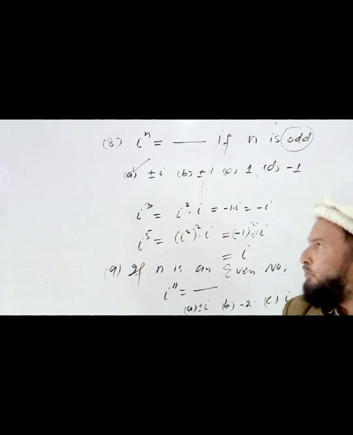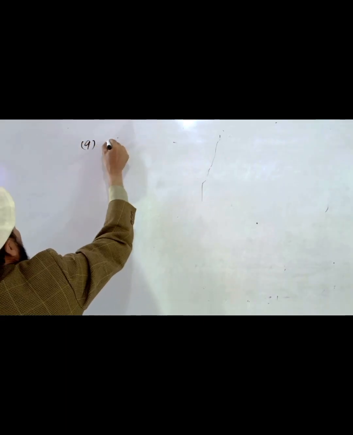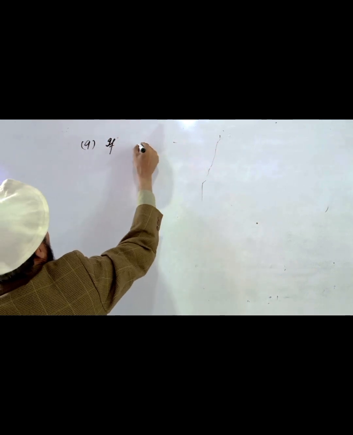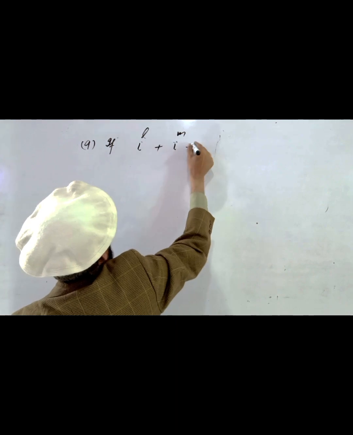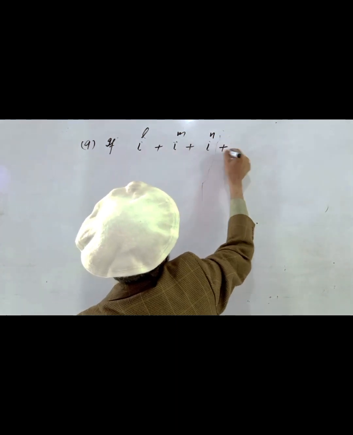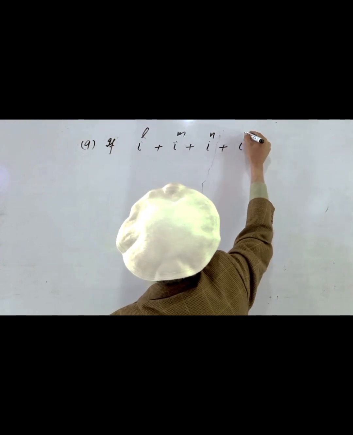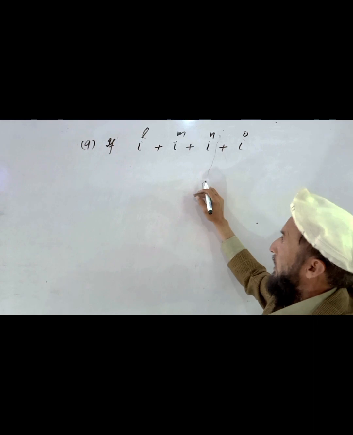These are the MCQs about iota. If iota power L plus iota power M plus iota power N plus iota power O, what is the result?